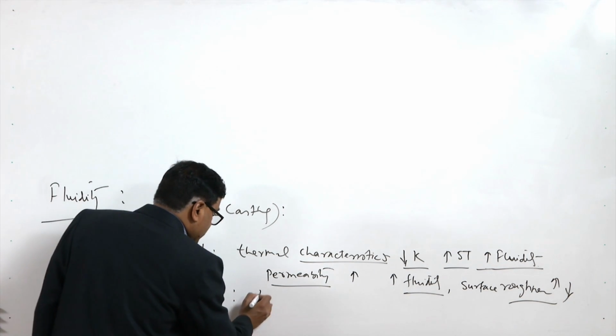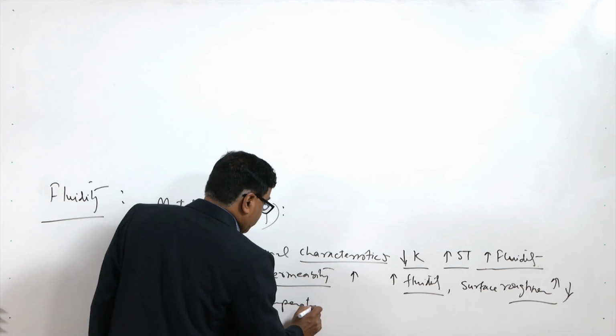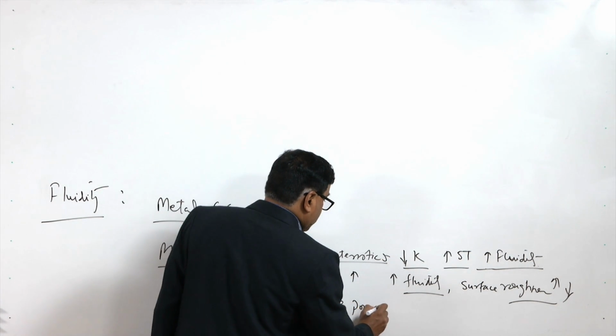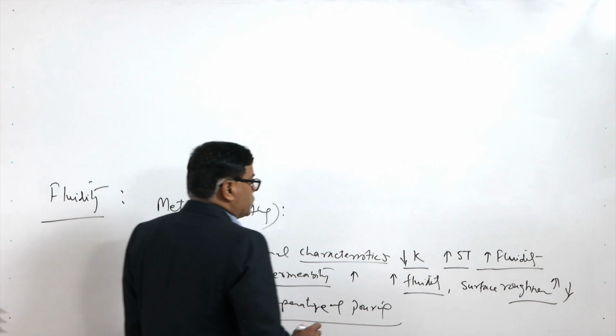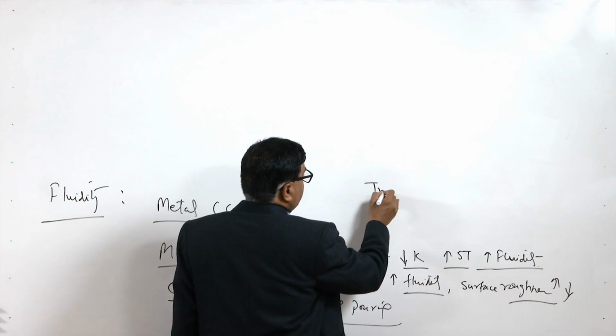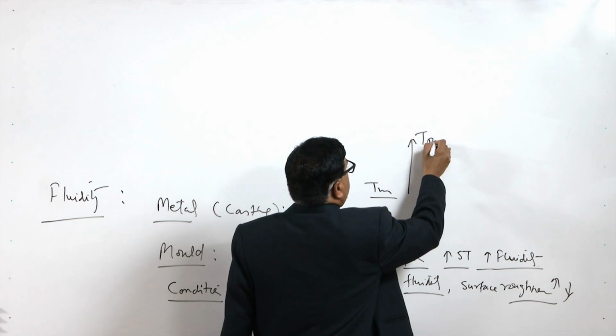Then another property is the condition in which molten metal is poured. So, it is basically the temperature of pouring, the temperature at which molten metal is poured. So, if we see there is a particular melting point of the metal, so what is the difference at which the pouring is done?